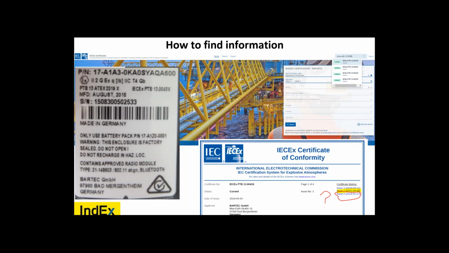But if it's separately certified, now you're starting to get into IECEx assemblies, and that's a whole other presentation. When you start getting into assemblies or non-electrical, mechanical and electrical assemblies, we're coming into a field that less than 1% of the industry has information on.